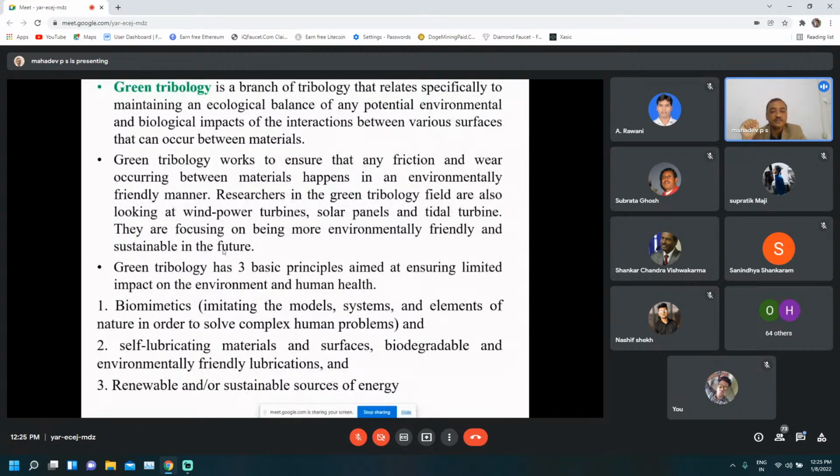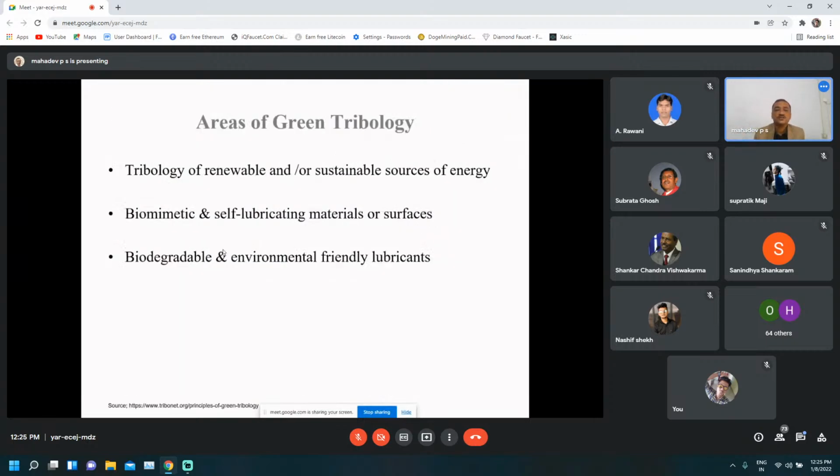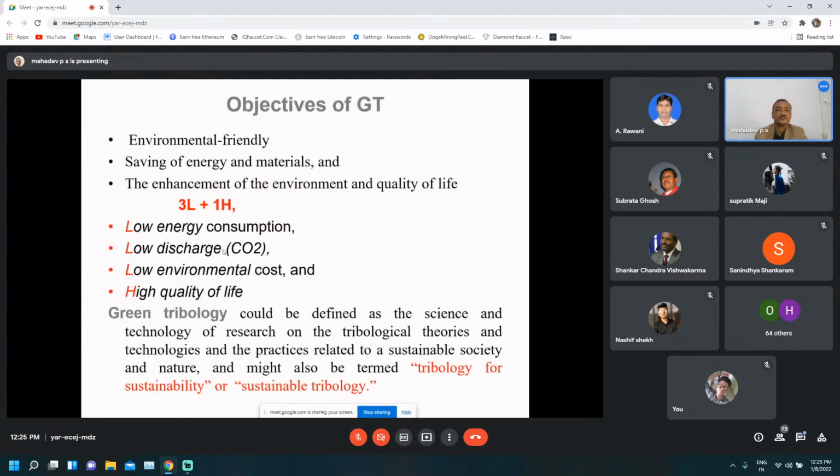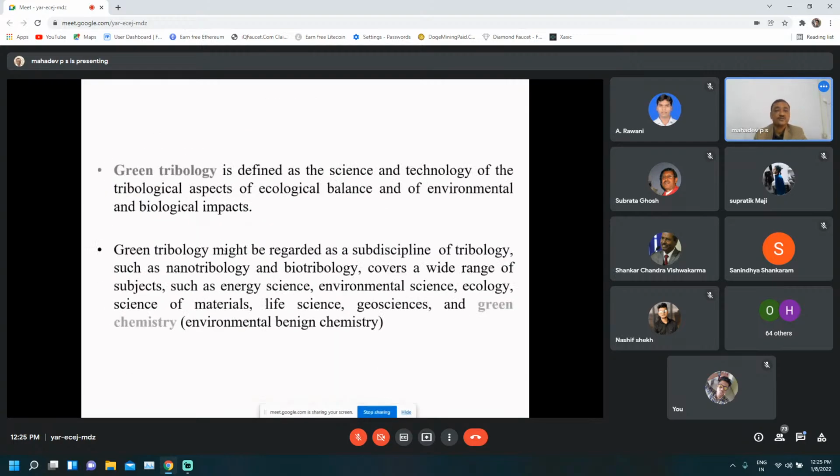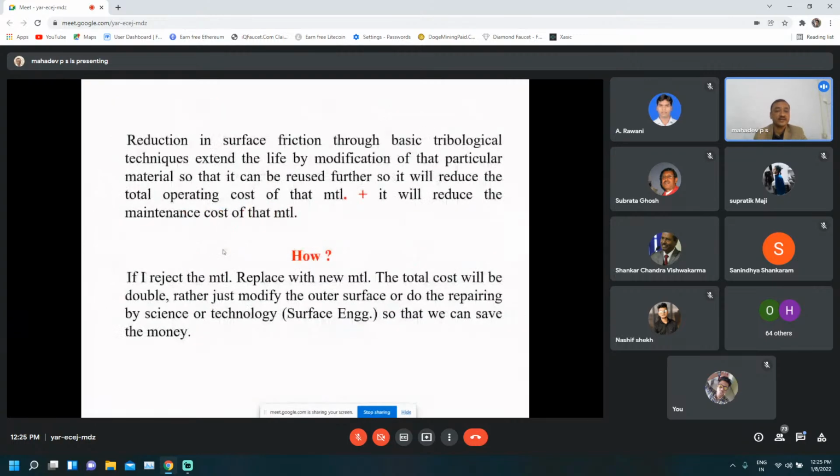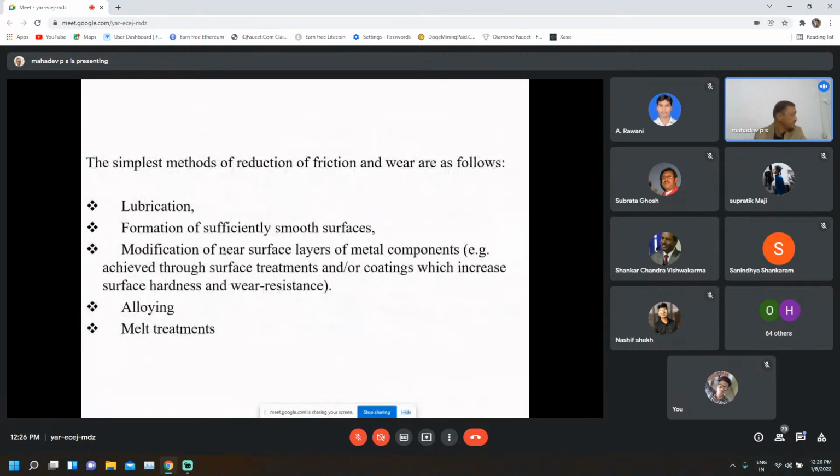Then self-lubricating materials and surfaces, biodegradable and environmentally friendly lubricants, and renewable and sustainable sources of energy. So the objectives of green tribology are low energy consumption, low discharge, GHG greenhouse gas reduction, low environmental cost, and high quality of life. I will not go into detail regarding green tribology.